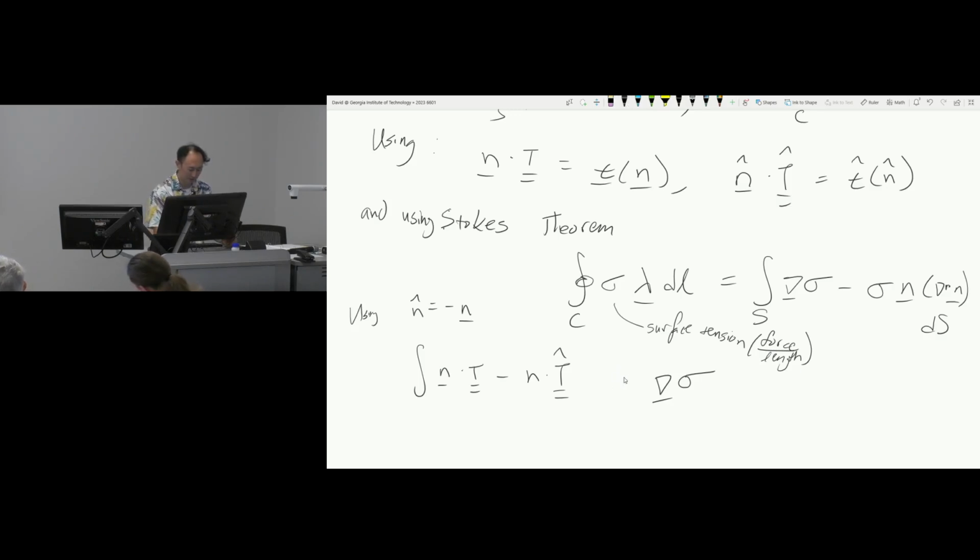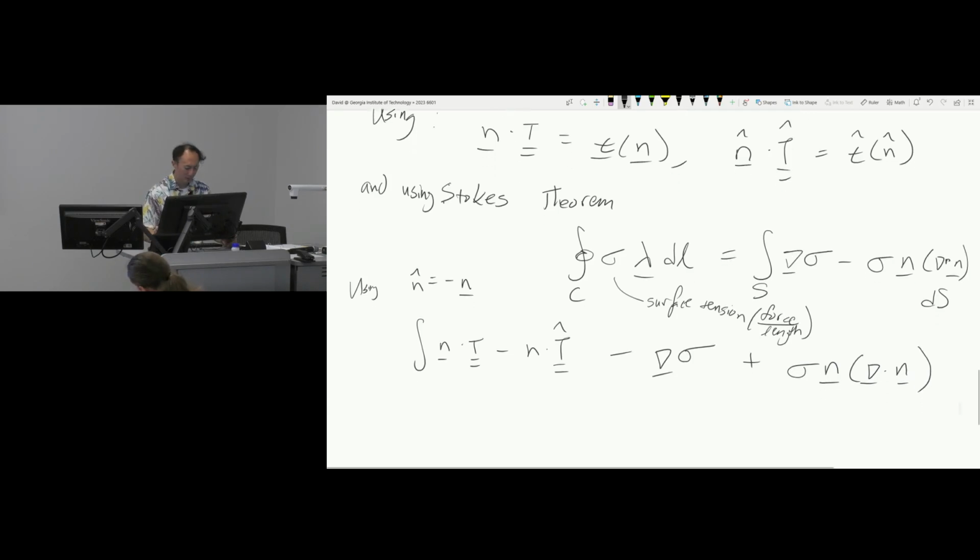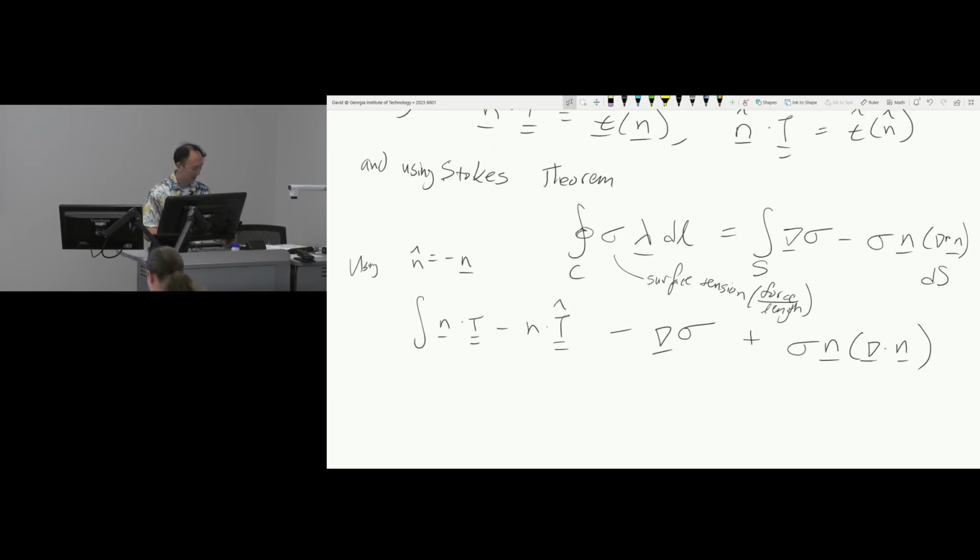I'm sorry, this is a minus sign. Minus plus sigma n difference of normal. I'm sorry, I keep on messing it up because I'm looking at the wrong thing. The next line, we're going to flip it to the other side. So that's equal to 0.